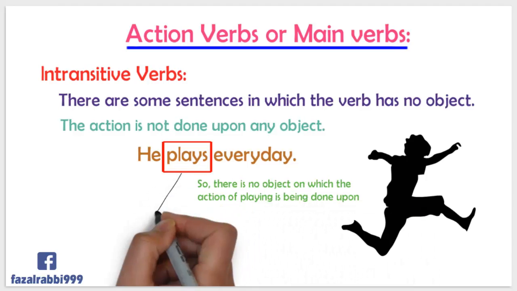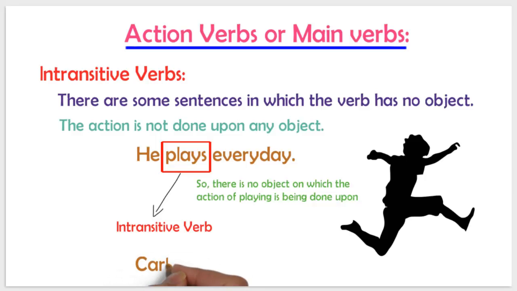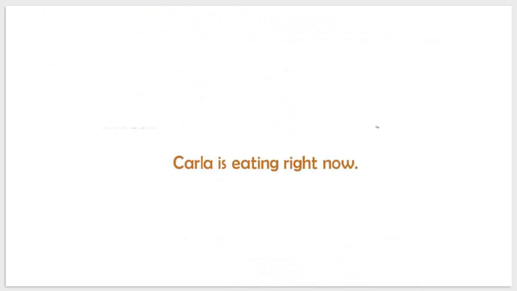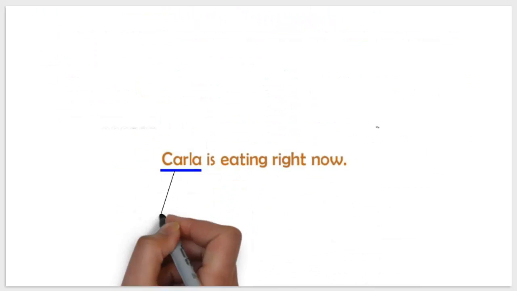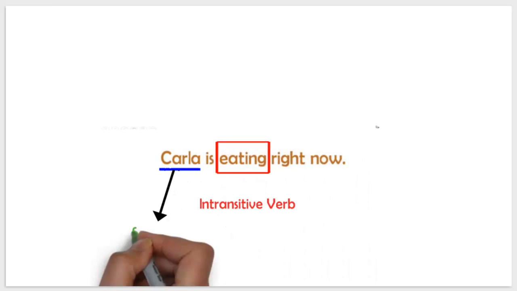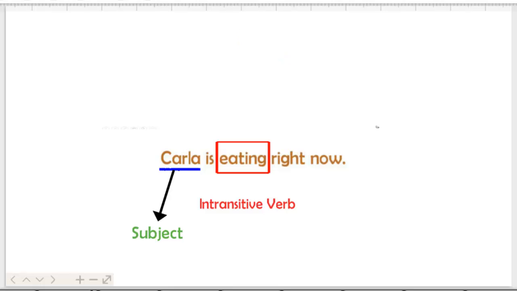Such verbs are called intransitive verbs. Here is another example. Carla is eating right now. Here we know that Carla is eating, but we do not know what Carla is eating. So, eating is an intransitive verb here.